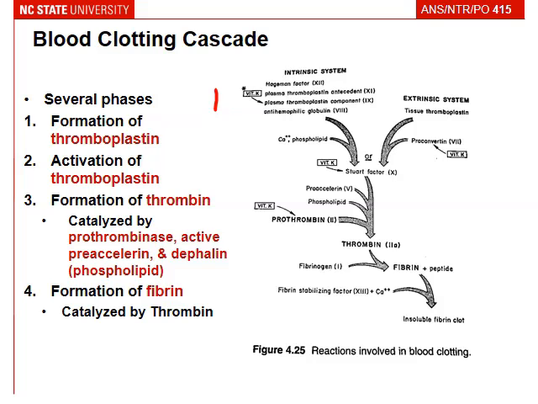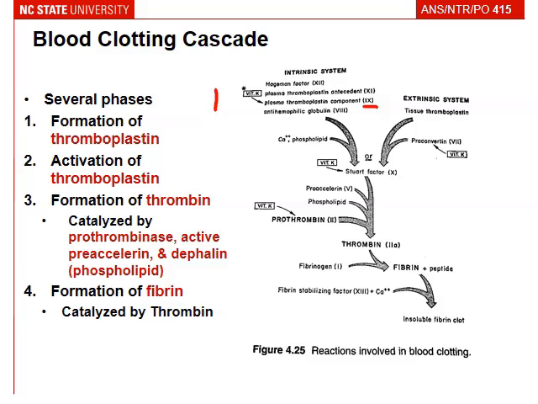That's what your physiology classes are for. But here you can see our vitamin K is required to change that glutamine to glutamic acid and on the plasma thromboplastin component with number 9.